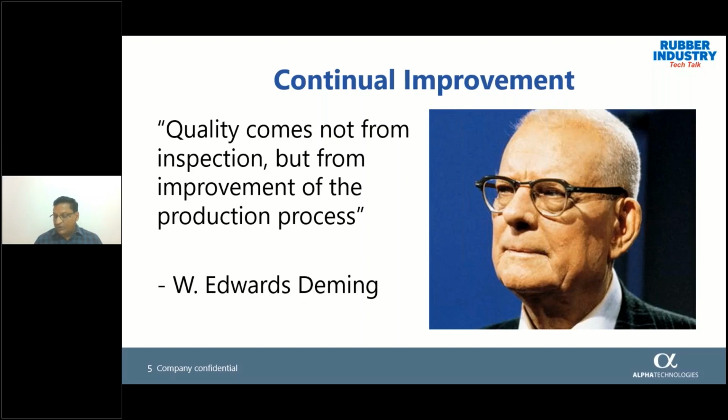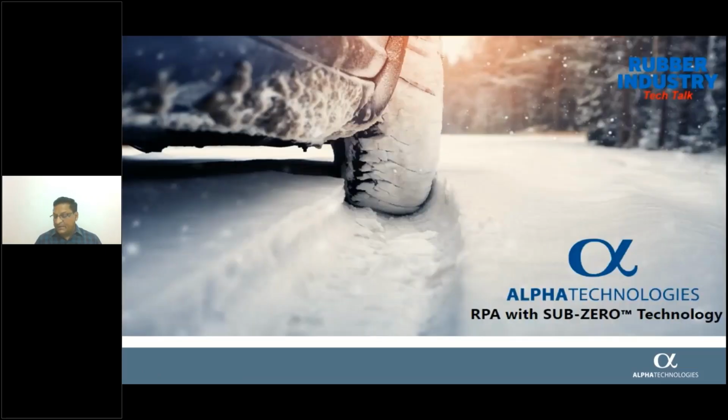Almost all of the quality systems and tools are set up in this way, like filters to keep product from reaching the customer. But the real quality comes from deploying systems that continually reduce variations in the production process such that bad product is not produced. So let us start our discussion on RPA sub-zero technology with a brief history of RPA.